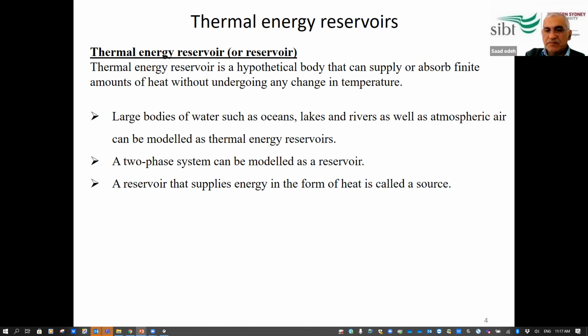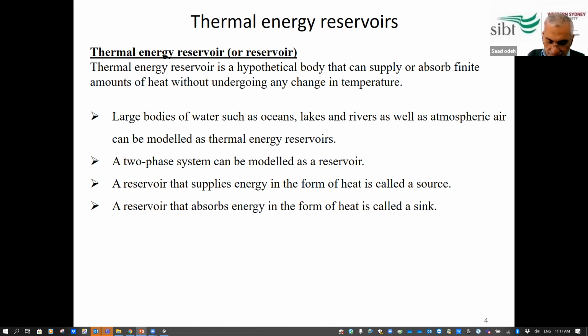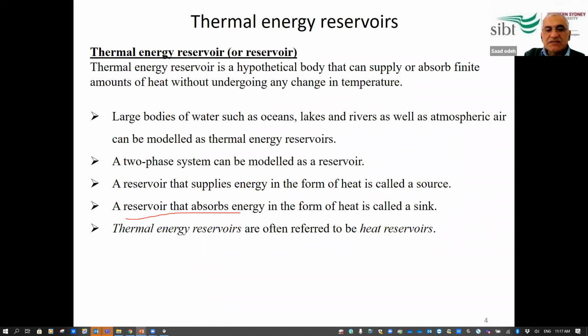And if it supplies heat, then we call it a heat source. Okay, so that's the idea of the reservoir.